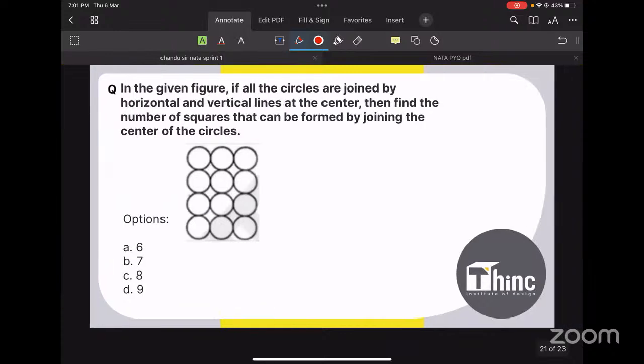Now this question. In the given figure, if all the circles are joined by horizontal and vertical lines at the center. See, why did this question go wrong? Students, construct the figure like this. I'm talking about the common errors.